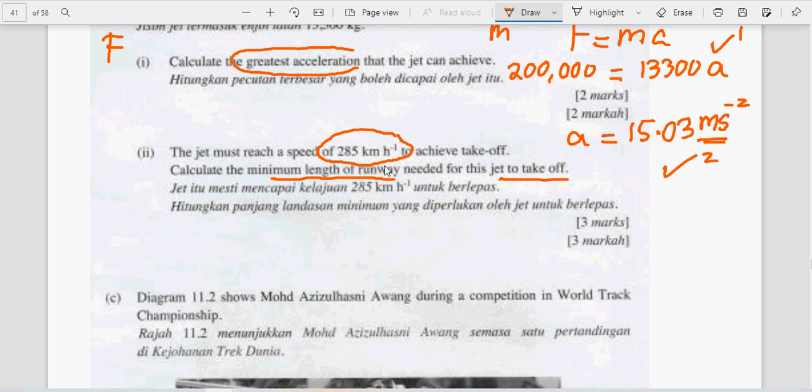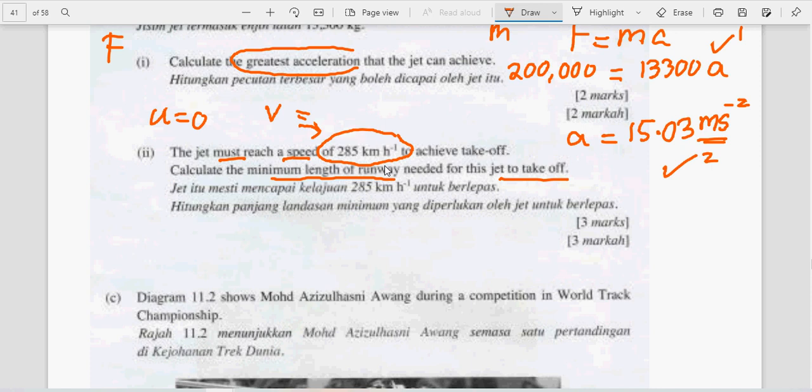Minimum length means the displacement. What formula can you use? It must reach the speed, so this will be the final velocity. Initial velocity will be equal to 0.